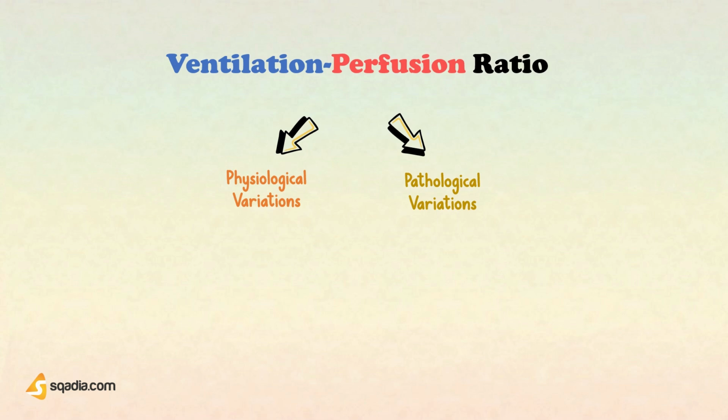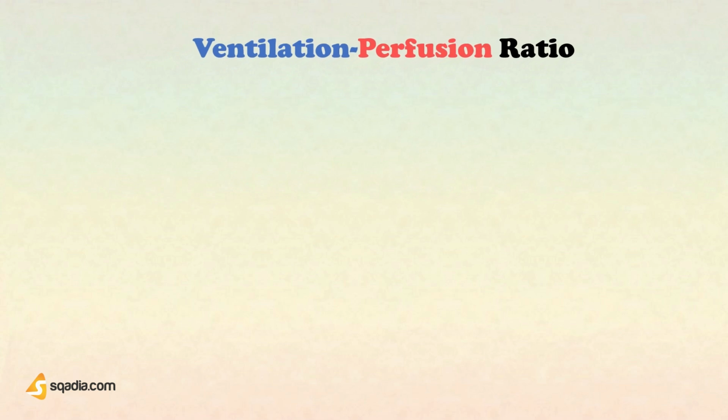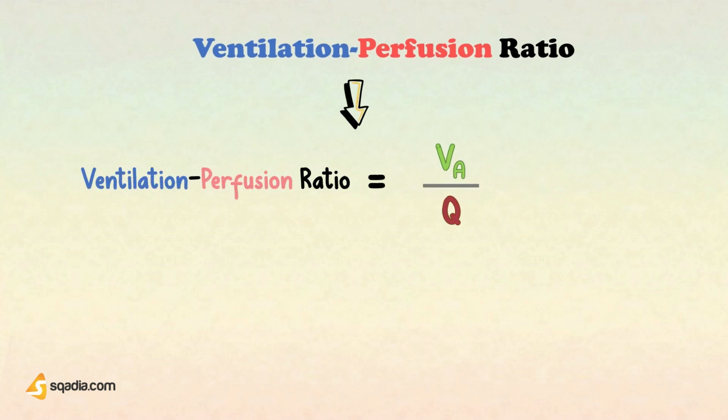Taking the physiological variations into consideration first. So, this is how we write ventilation-perfusion ratio. Write alveolar ventilation in the numerator and perfusion in the denominator.